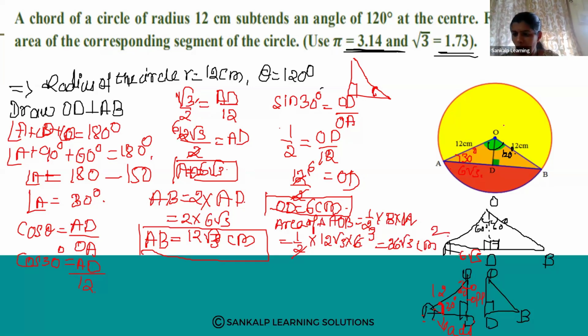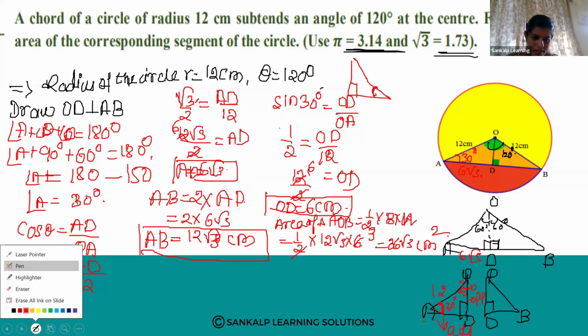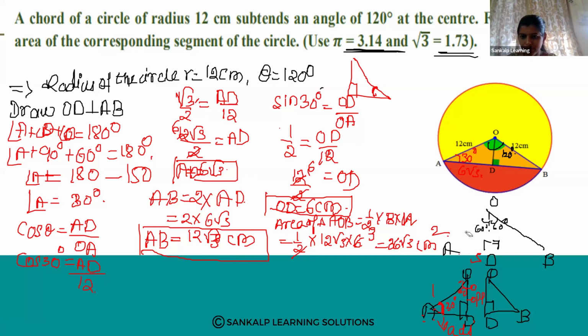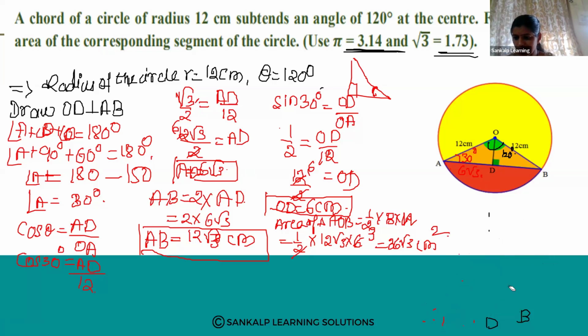Now, we need to find out the angle of the minor segment. What we need is the area of the segment. So if we need the area of the segment, what do we do? Area of the segment is area of the sector minus area of the triangle.